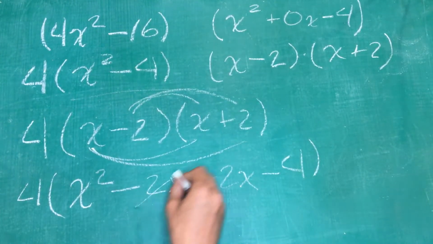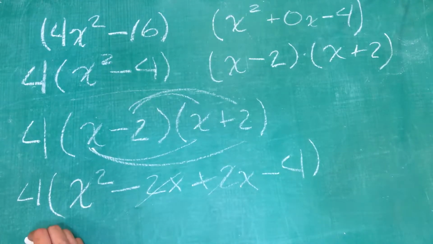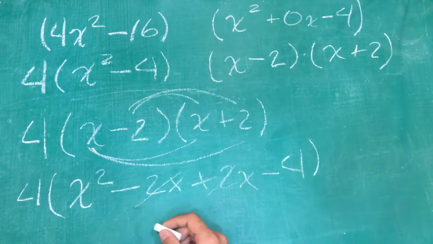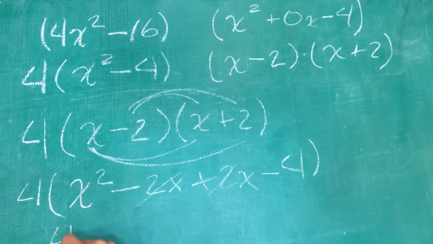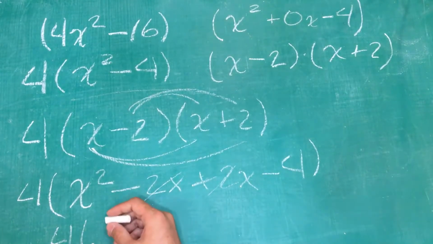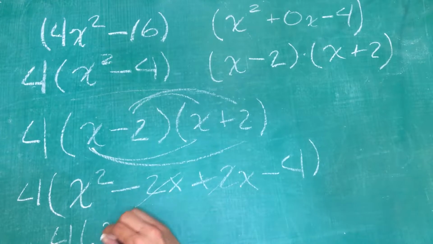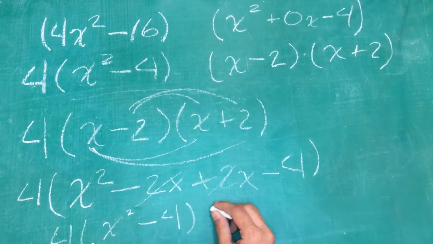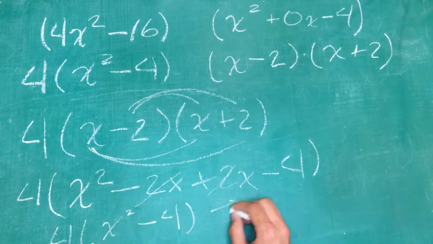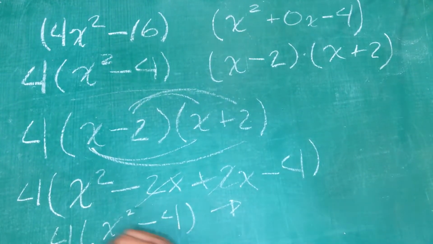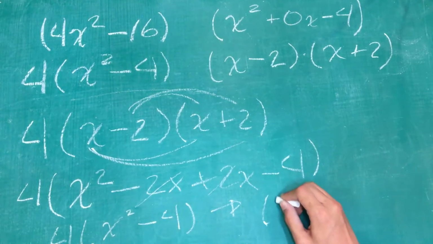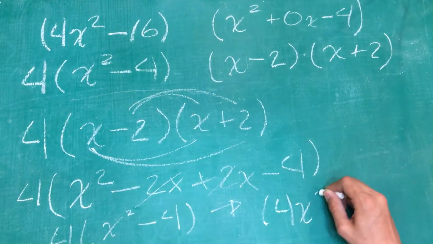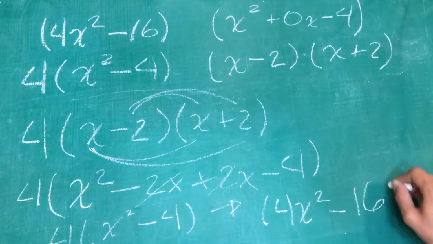As you can see, these two terms cancel out, and we would get 4 times x squared minus 4, which would turn into, after we multiply, 4x squared minus 16.